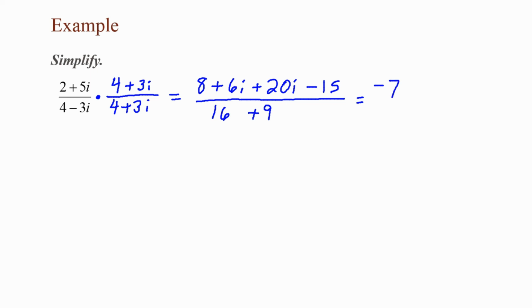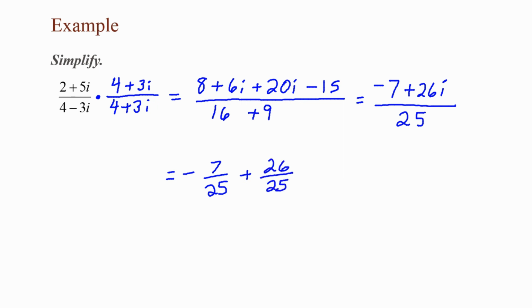Then my imaginary, 6 plus 20 is 26, so this is a positive 26i, all over 25. Writing it in standard form, I have negative 7 divided by 25 plus 26 divided by 25i. Neither fraction reduces, so this is my final answer.